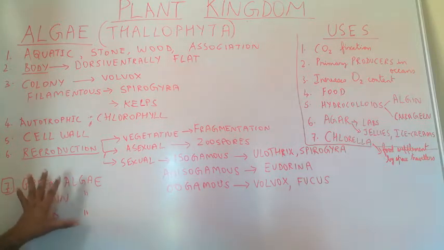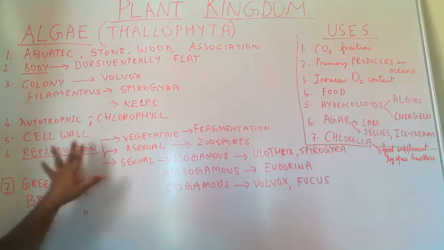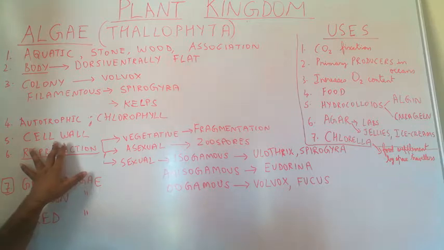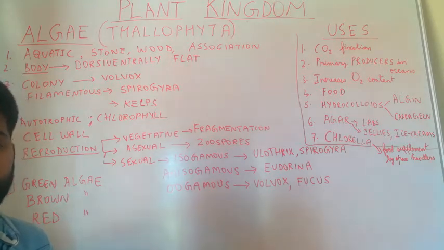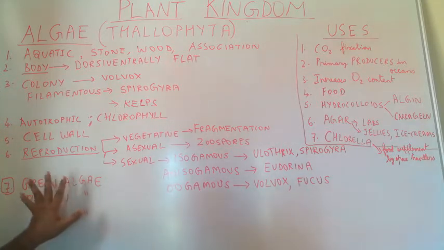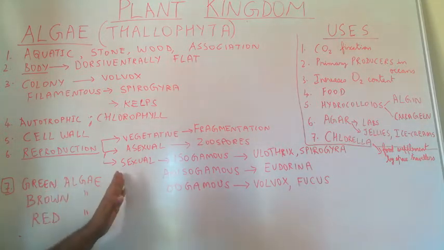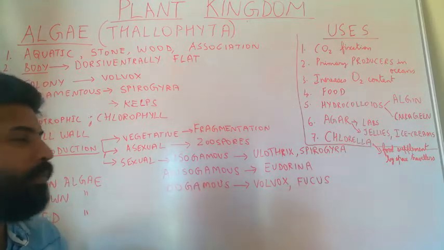So this is the classification based on the type of chlorophyll pigment present, the chemical composition of the cell wall, also the type of storage food material, what type of spores they produce, and the number of flagella present in the spores. So based on this, Thallophyta is divided into Chlorophyceae, Phaeophyceae and Rhodophyceae. We will discuss it in brief.